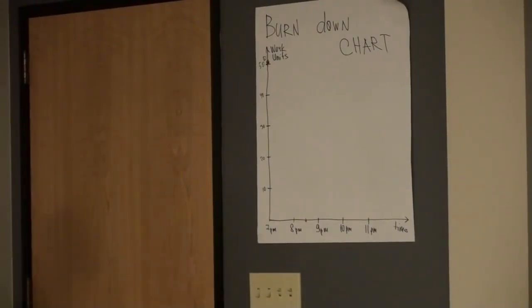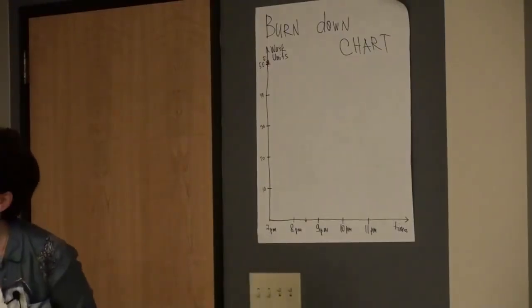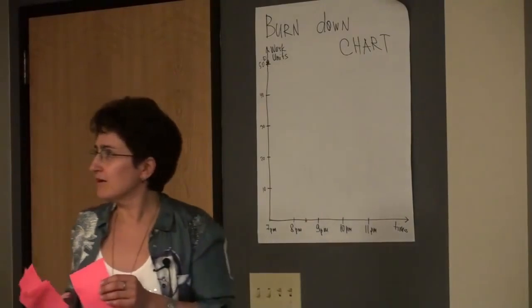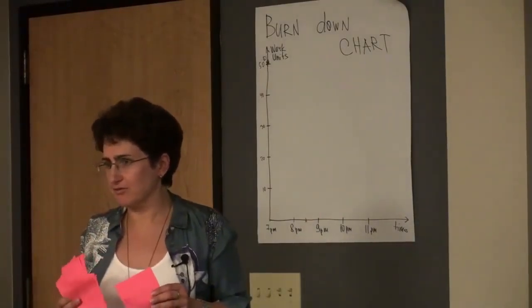Agile model, yeah. Burn down chart, we're still on this topic, we haven't finished yet. Scrum sprint, one more. Can you please pull it for me? Thank you. Sprint terminology? We are not done yet. We are still going through it, so we are not finished. Sprint review? No, we haven't even started the sprint review.